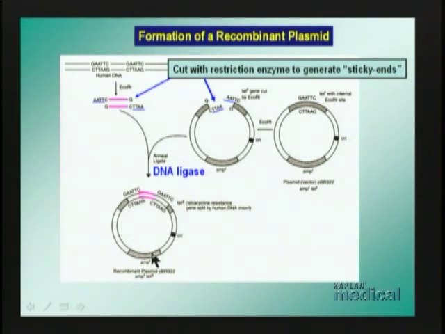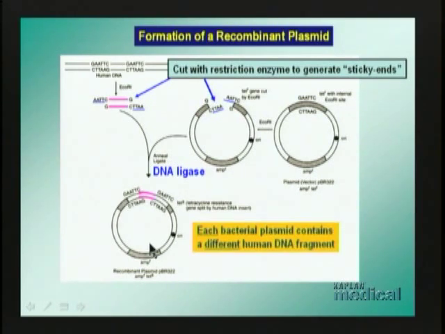Keep in mind, this is one vector containing a single DNA fragment. So each bacterial plasmid contains a different human DNA fragment. But in this test tube, there's not going to be just one plasmid with one DNA insert. There's going to be hundreds, if not thousands, of plasmids, and each plasmid, each vector, has a different human DNA insert. Okay, so the next discussion and review has to do with the bacterial vector.